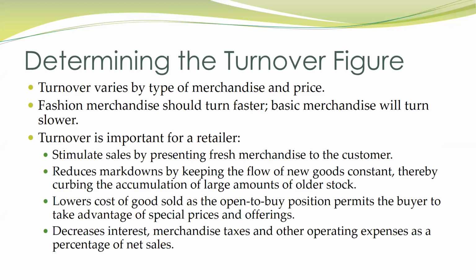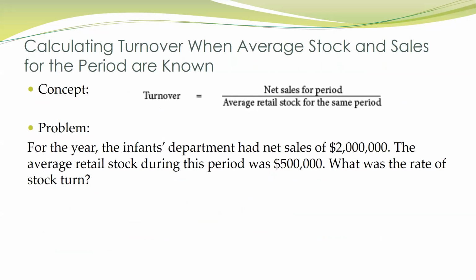So let's look at the formula for turnover, which is net sales divided by average retail stock for that same period. Can you quickly tell me, what do you think is the turnover if the net sales was 2 million and the average retail stock is 500,000?